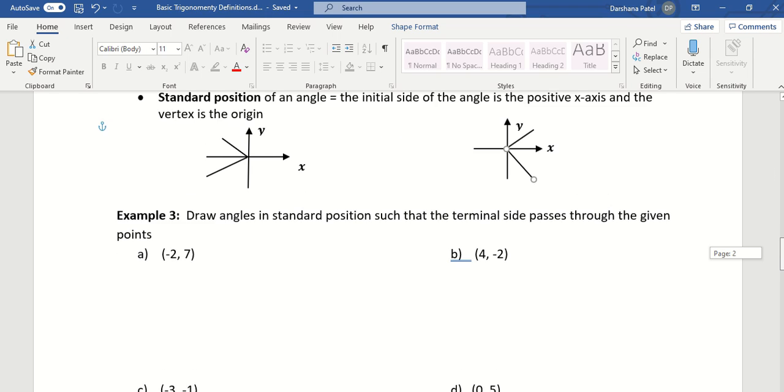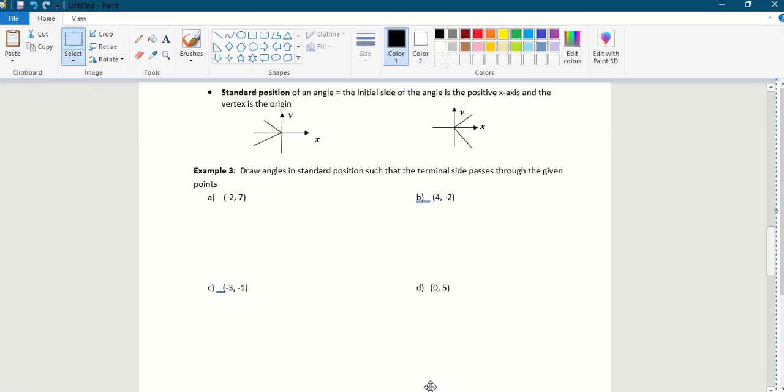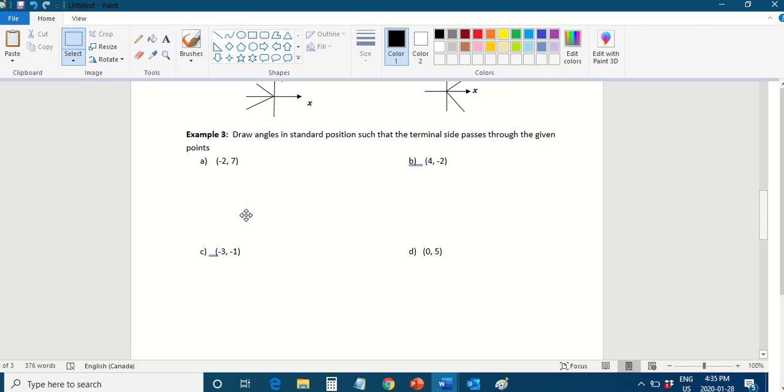We are asked to draw angles in standard position such that the terminal side passes through the given points. So we have -2 and 7 as the first point. Let's sketch this quickly. x is -2, y is 7.